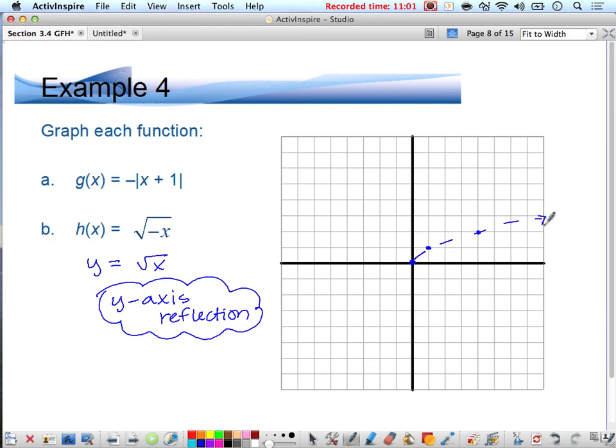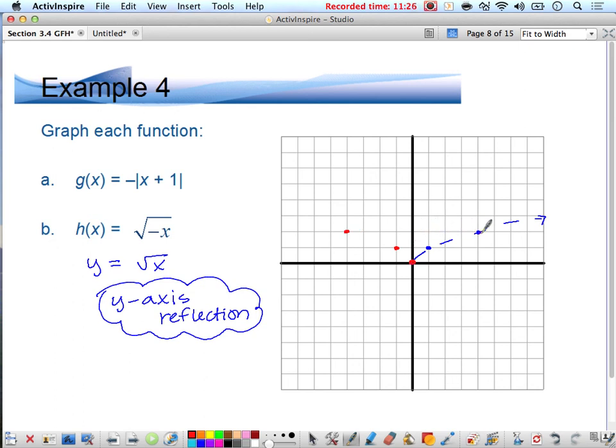Is that okay, guys? Okay, then I need to take that graph and I need to flip it around the y-axis. So this point will stay, but this point will hop over here, and this point will hop from here over this way. So it has to stay 4 units away. 1, 2, 3, 4.